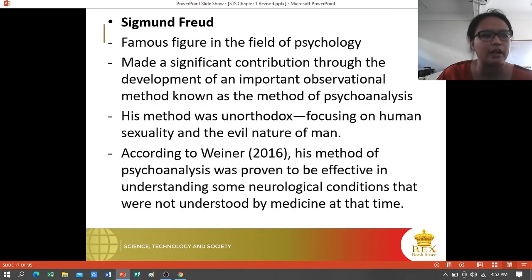Dati kasi, before kay Freud, kapag nababaliw ka, ang sinasabi sa'yo ng tao is na-possess ka ng evil spirit. Okay? So, later on, nung nag-start si Sigmund Freud, nag-start yung mental analysis, which is psychoanalysis, which explains the behavior of men.